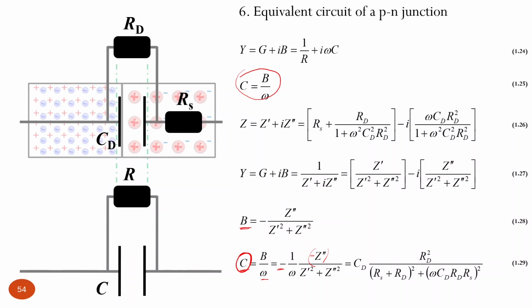However, if we substitute for Z prime and Z double prime these expressions in terms of parameters of the equivalent electric circuit, eventually we will get CD, the capacitance of the depletion layer, which is what we want, times some not so simple function of resistance of depletion layer, series resistance, and frequency.